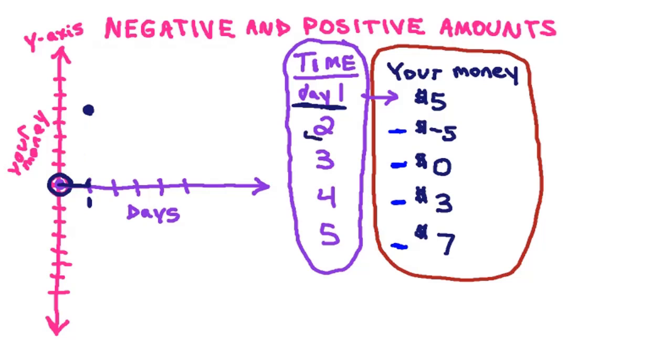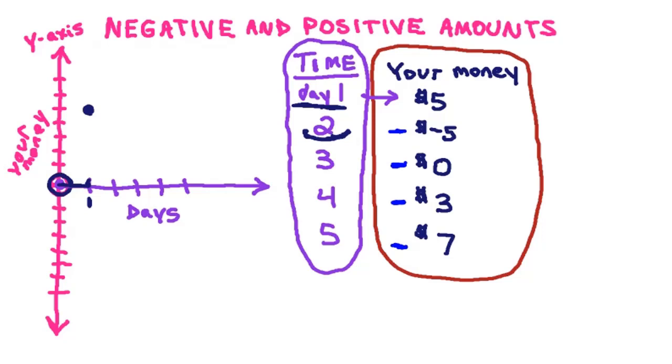Now on day 2, remember you ran into your friend and you owed him $10. So you're like, oh man, all I have is $5. I'm going to have to owe you $5 more. So you gave your friend your $5 and you're like, I'm going to owe you $5. So you were in the negative, you're in the hole $5.